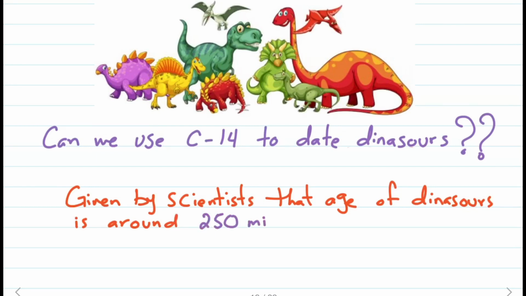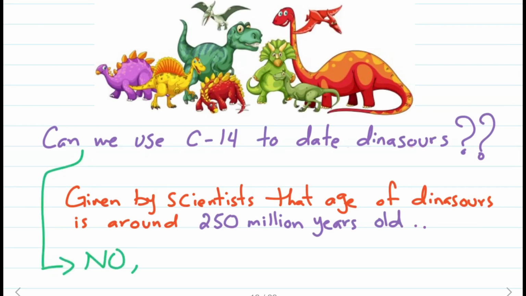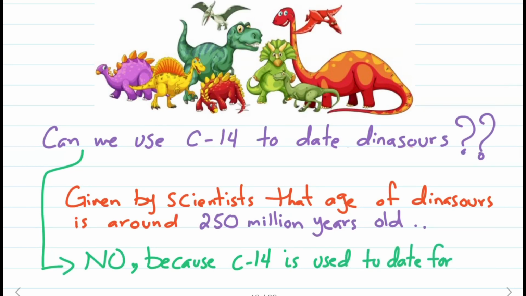If carbon-14 can only date samples up to 50,000 years old, can we use carbon-14 to date a 250 million year old dinosaur? Have a think. Well, the answer is going to be no. Why? Because carbon-14 is used to date only samples up to 50,000 years old.